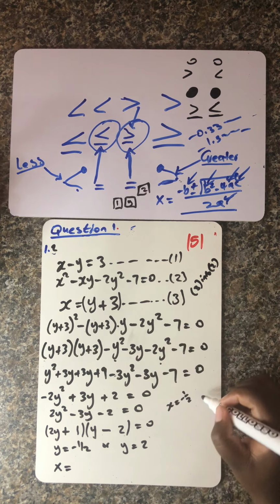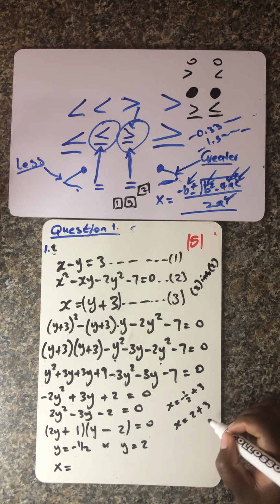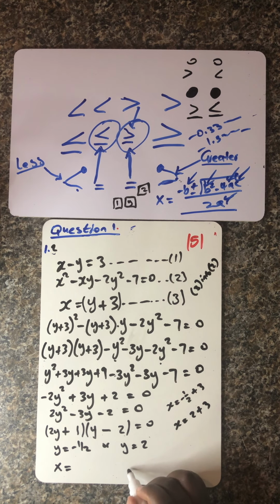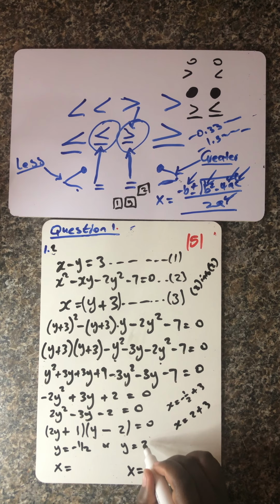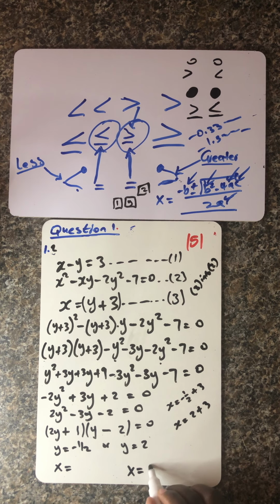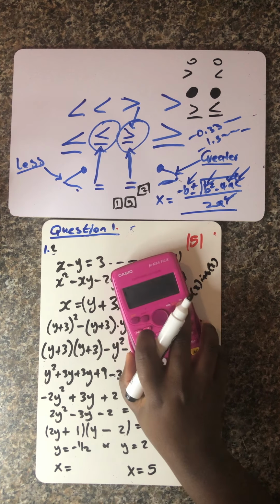You do the same for 2, where x, you substitute 2 there, plus 3, which is going to be 5. So that means when you substituted 2, you get x value as 5. When you substituted negative 1 over 2, let's see what answer you get.